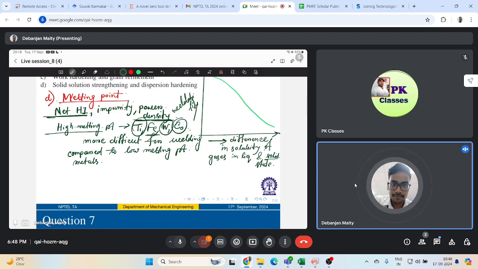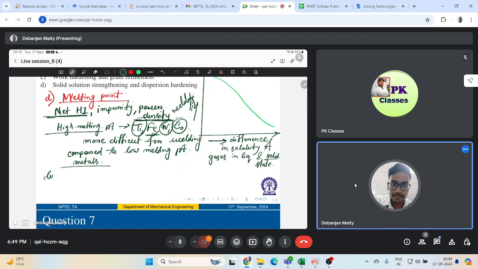In low melting temperature metals, control of the weld pool is difficult and sensitive to melting.